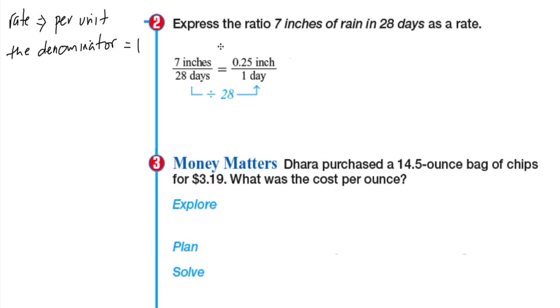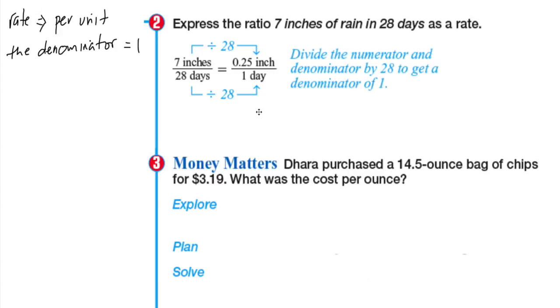Since we divided the denominator by 28, we need to divide the numerator by 28 also. And that's why you have 0.25. The total rainfall is equivalent to 0.25 of an inch each day. If you read this, it simply means 0.25 of an inch per day. So the fraction bar will indicate per day or each day.